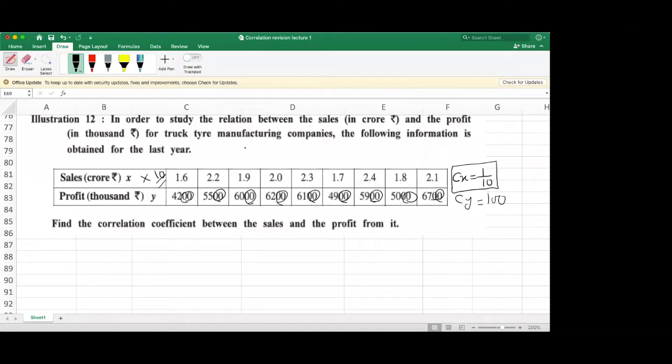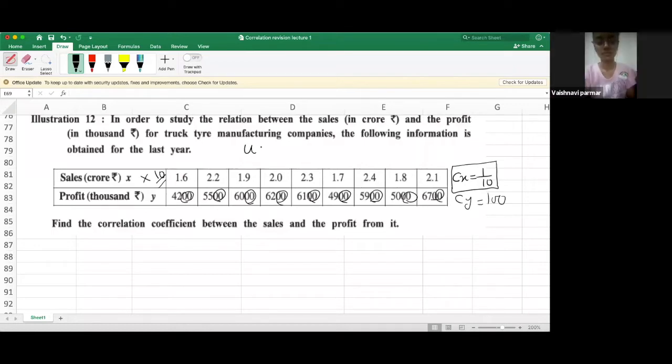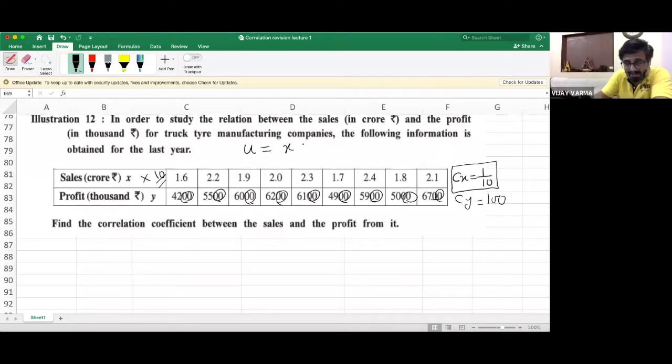See, u is equal to x minus a upon Cx. Now, common factor is the one which you divide by. Means you divide by a particular number which is called the common factor. Here, we are not going to divide. We are going to multiply with 10 to remove the decimal.